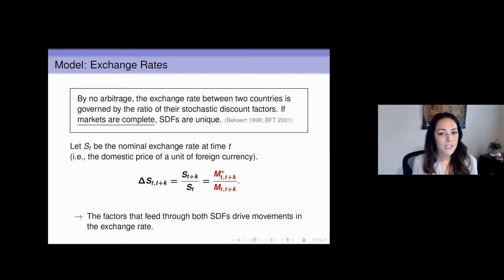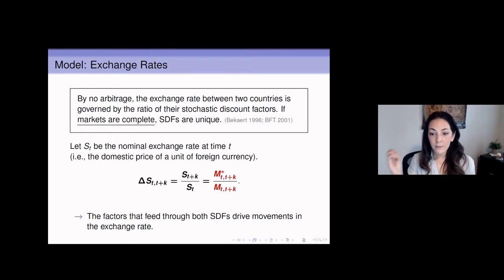Now, what's interesting here is that even though the interest rate factors of each country will only influence its own stochastic discount factor, so for example, the UK's interest rate factors will only matter for the UK stochastic discount factor M star, and for the US, only US interest rate factors will matter for the pricing formulas.